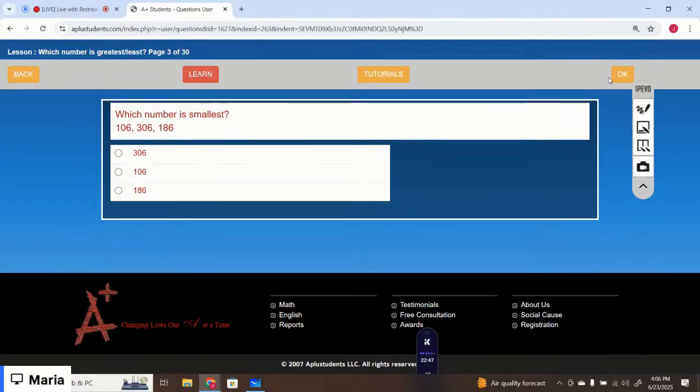Which number is smallest? 106, 306, and 186. So which is the smallest number?